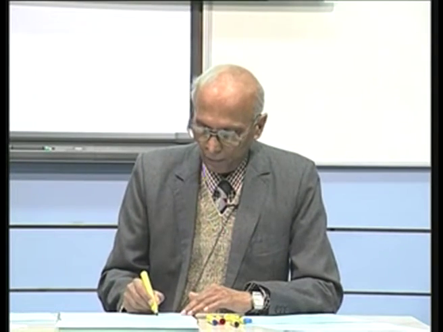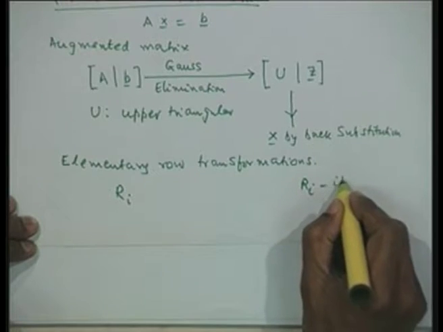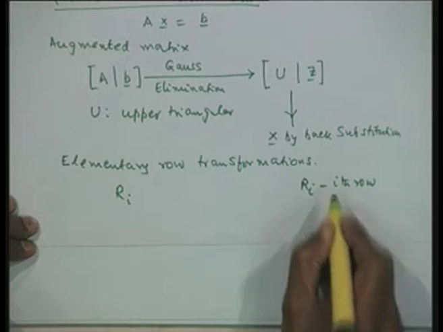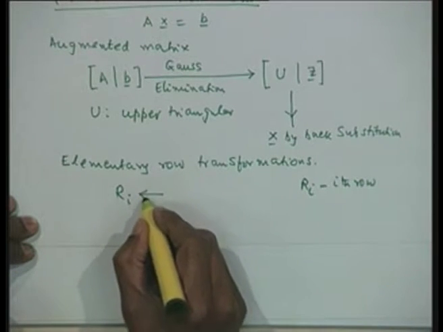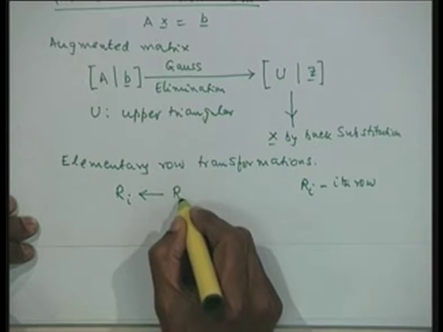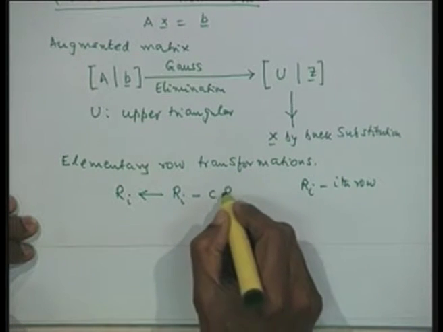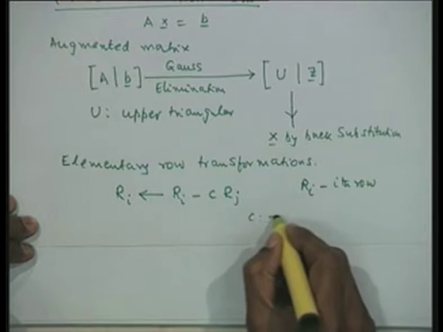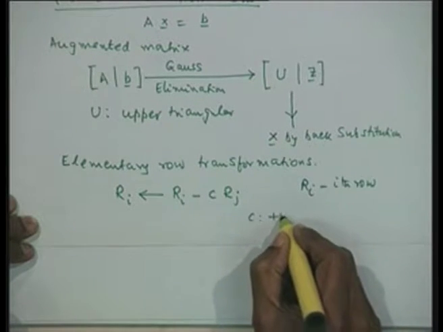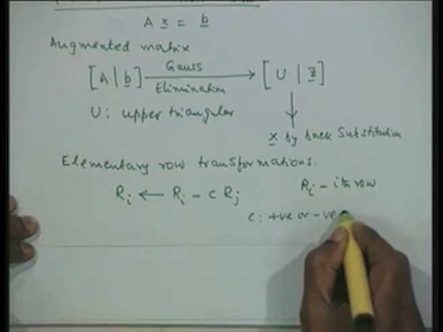That means, if I have a row R i, the ith row, then R i gets replaced by R i minus C R j, where C is a constant, a positive or negative number.